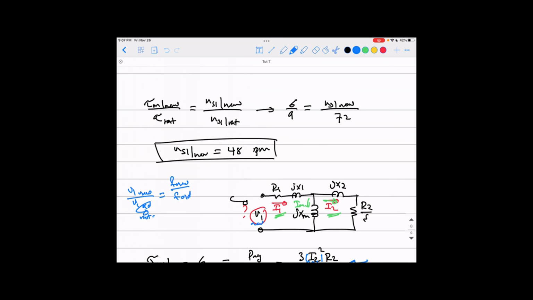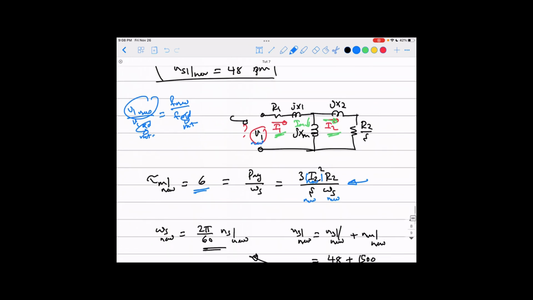Why? Because we are in the linear region. V over F stays constant at its rated value. So the new voltage over the rated voltage equals the new frequency over the rated frequency. So from this, you can find V1 new because you know the new frequency, you can calculate it easily.